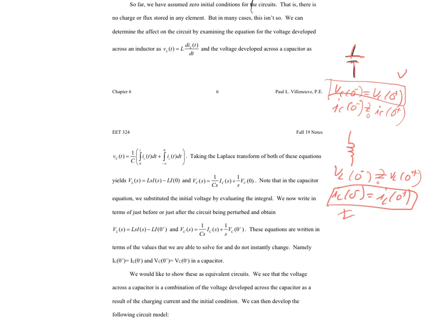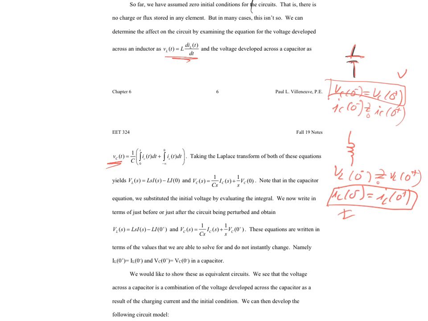All right? So we've got our two equations here. We've got VL and VC. In the case of the inductor, we're going to take the Laplace transform of both sides. And remember when we said the derivative of something in the time domain is the same thing as multiplying by S in the Laplace domain?